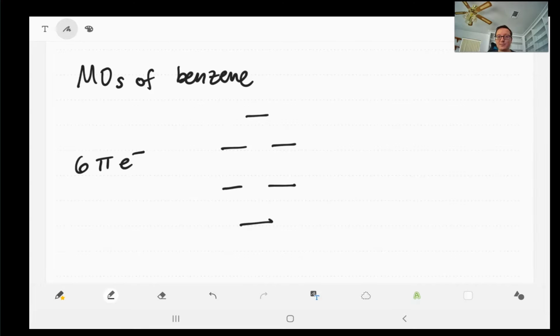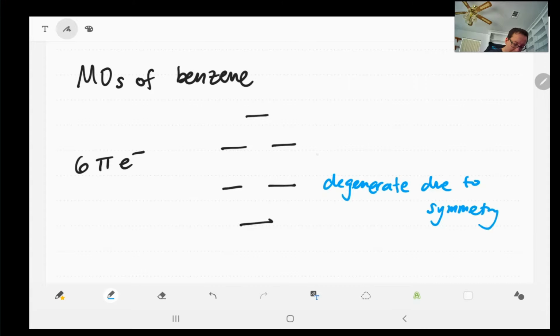The reason for this degeneracy is the symmetry of the molecule. That's all you need to know. Just understand that there are 6 orbitals, and due to symmetry, they have some degeneracy. Remember, degenerate means same energy.